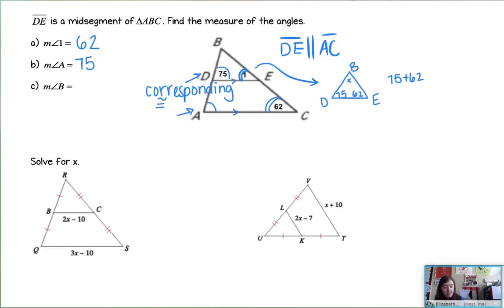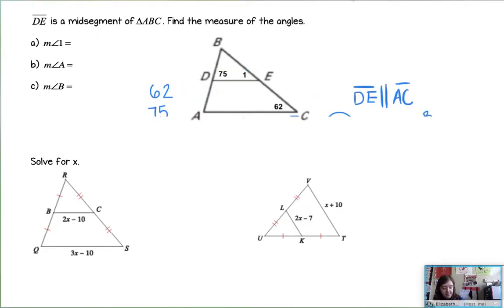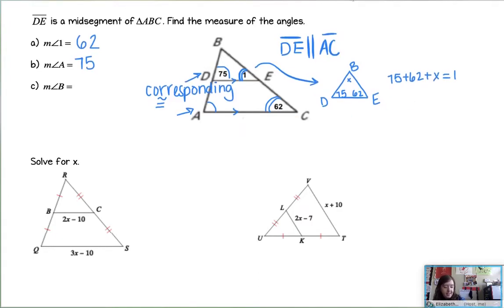Okay, so add them all up and set them equal to 180. And then to find out what x is, we're going to subtract out 75, and we're going to subtract away that 62 as well.